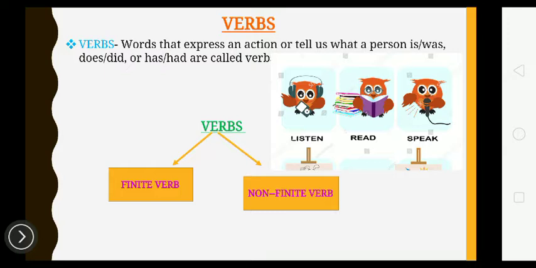On the basis of forming the three basic verb forms, the first form, second form and third form of the verb, verbs are again divided into two: regular verb and irregular verb.